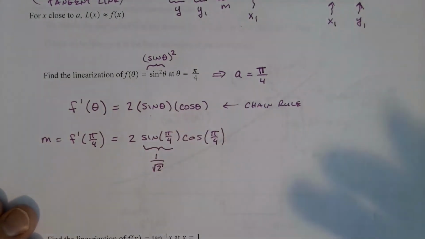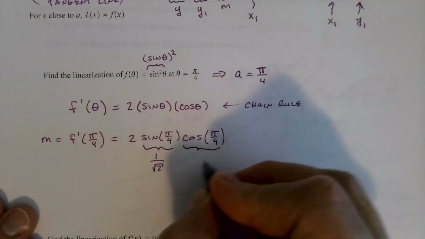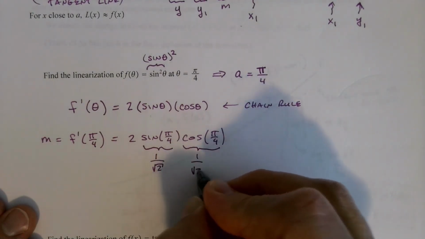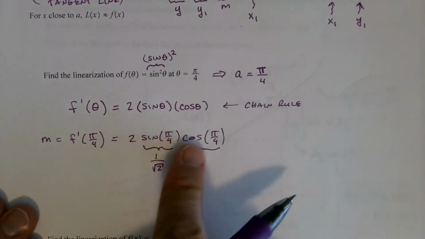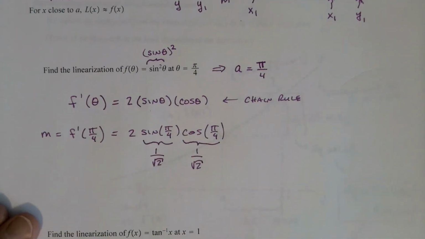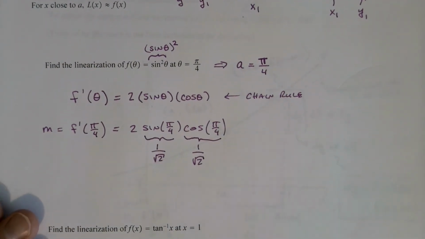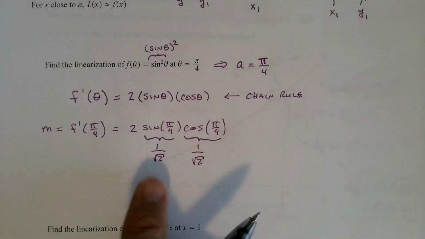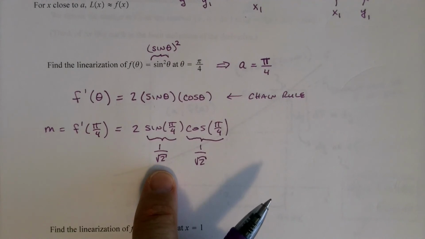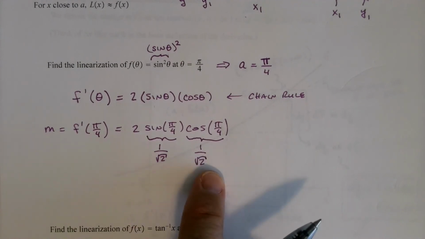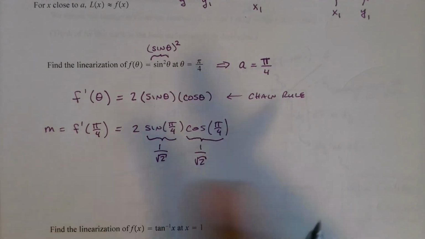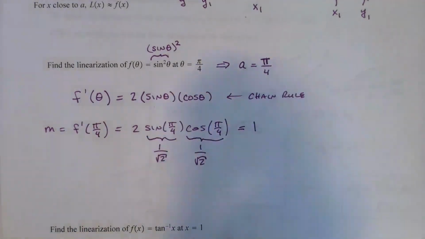If you rationalize it, it's square root of 2 over 2, same thing. Cosine of pi over 4 is the same thing. Remember, sine and cosine of pi over 4 are equal to one another. You again refer to the unit circle or draw your corresponding right triangle. So if I multiply these two, what is 1 over the square root of 2 times 1 over the square root of 2? That's just a half. And what's a half times 2? That's just equal to 1. So our slope is 1.